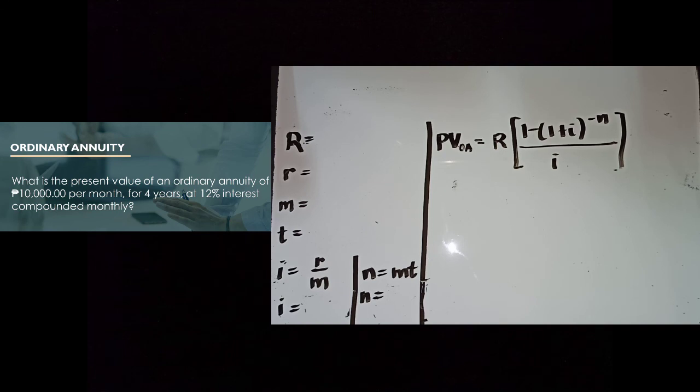Okay, so another example, what is the present value of an ordinary annuity of 10,000 pesos per month for 4 years at 12% interest compounded monthly? Okay? So, the given, what are the given? The value of your R is 10,000 pesos.